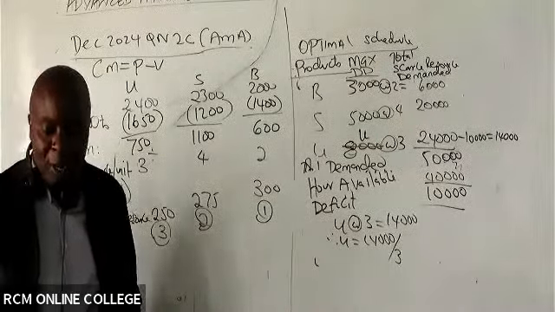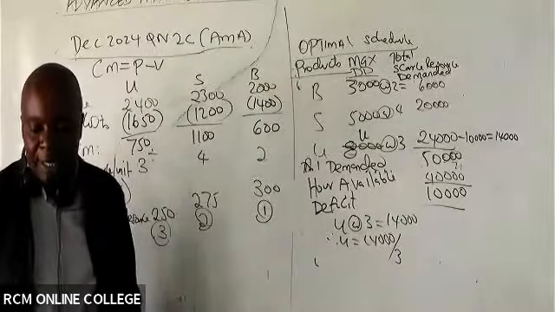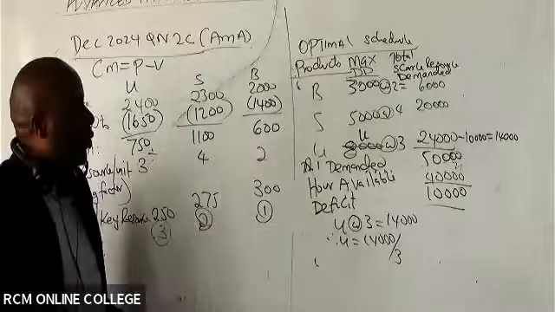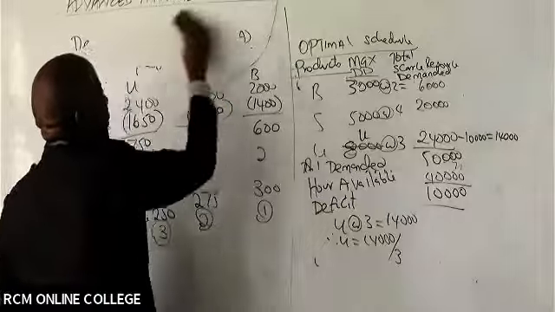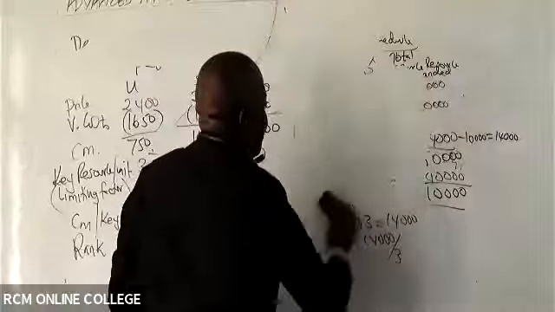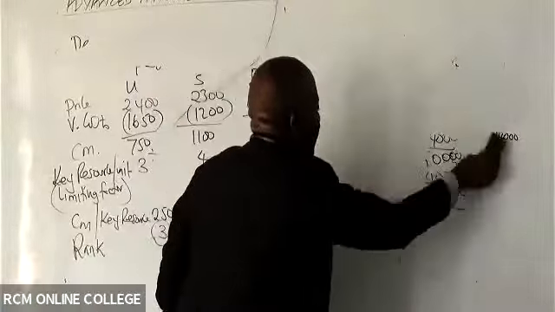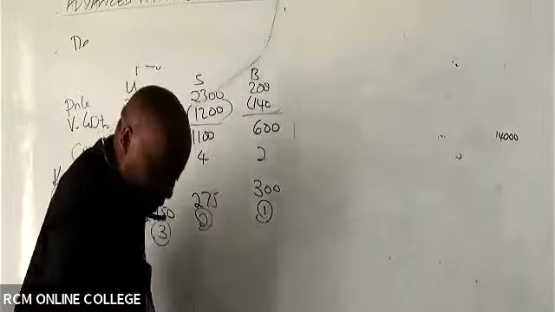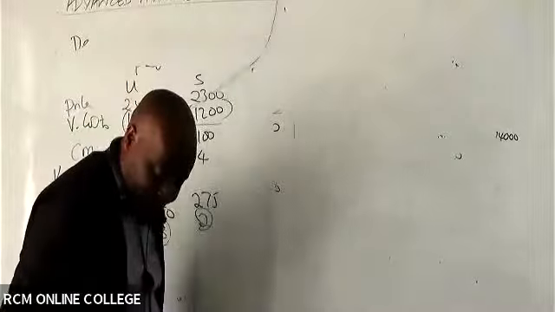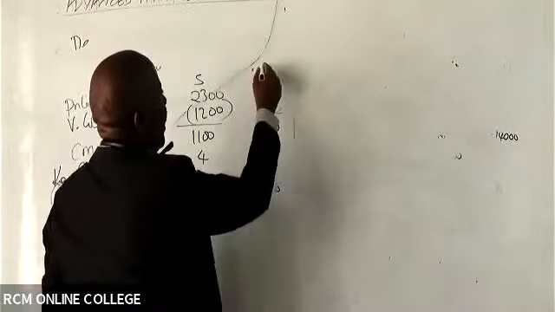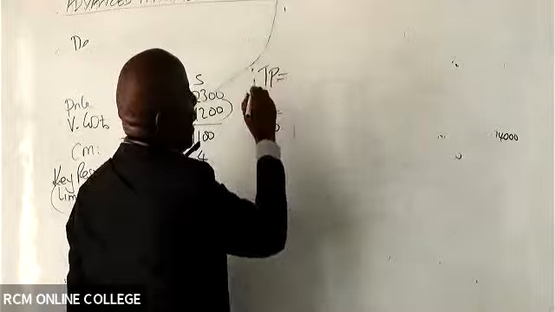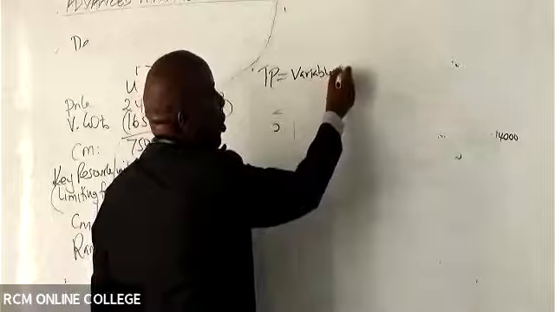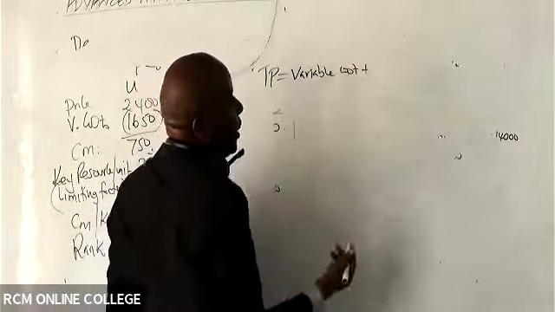He told you in note number 5, motherboard division transfers the special order at a marginal cost plus opportunity cost. So the transfer price here, they have told us to take marginal cost, which is the same as variable cost, plus opportunity cost.